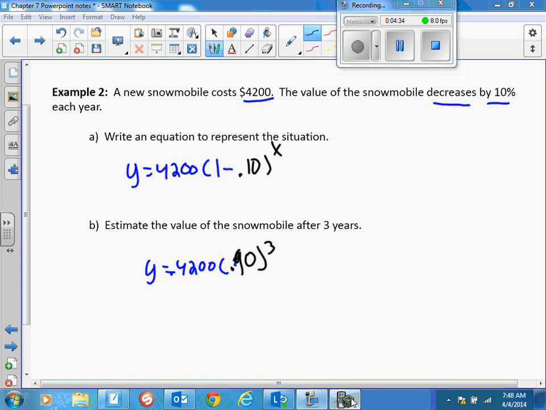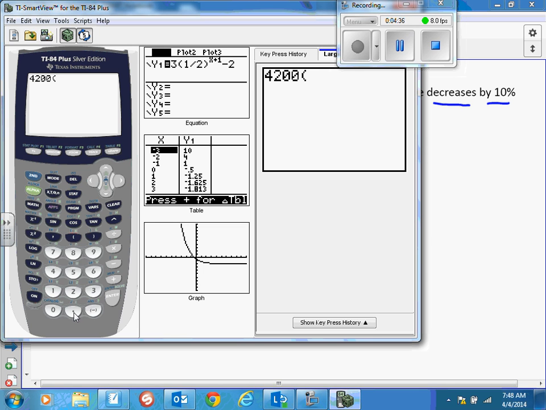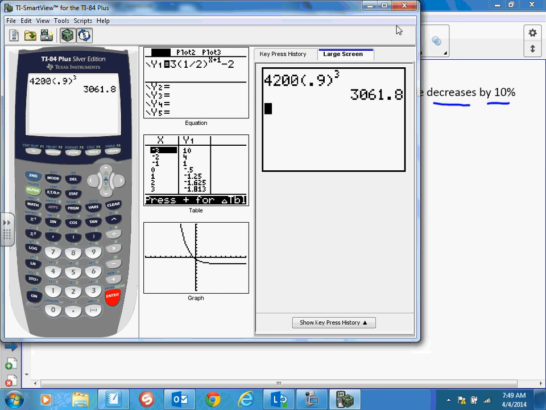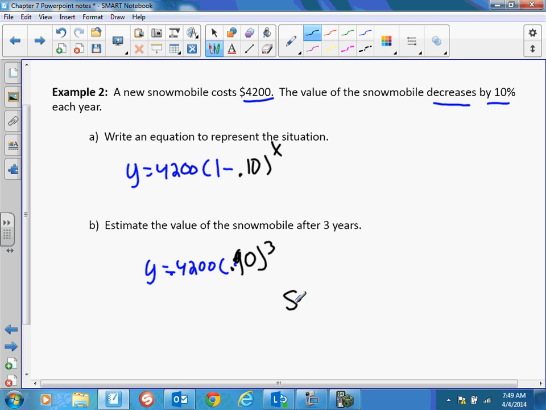So again, we can just put that in our calculator, 4,200, 0.9 to the power of 3. Just put it in exactly how it looks. Hit enter, and we get 3,061 dollars and 80 cents. Okay, pretty easy formula, pretty easy setup.